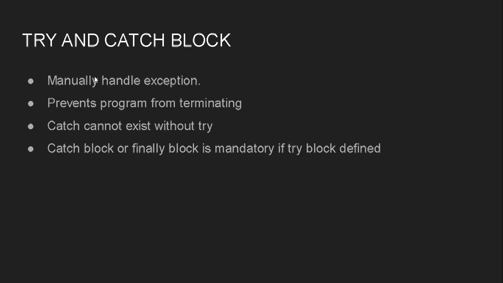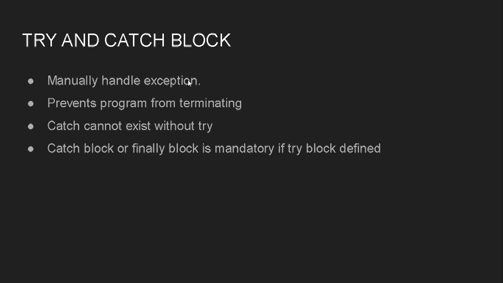Then try and catch block, as I told you earlier, they form the basis for exceptions. But where are we going to use this try and catch block? Whenever we are going to manually handle an exception.